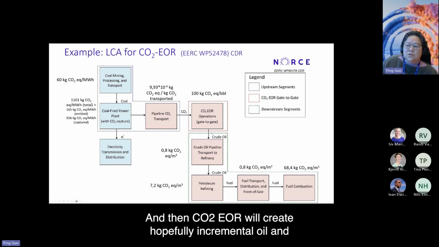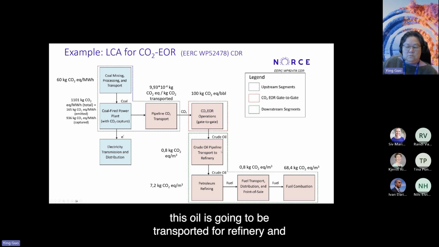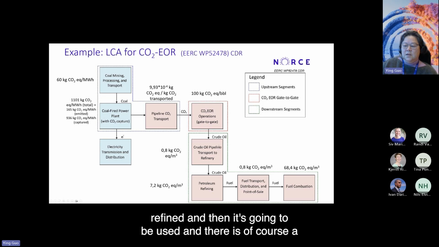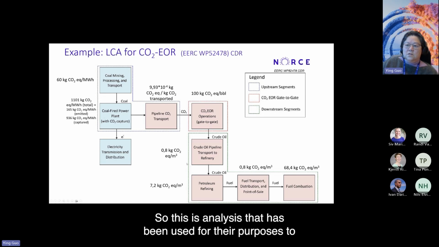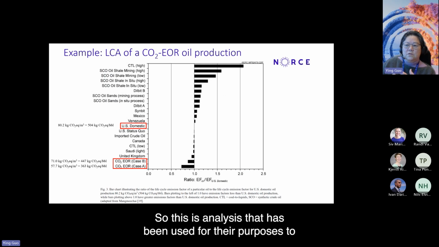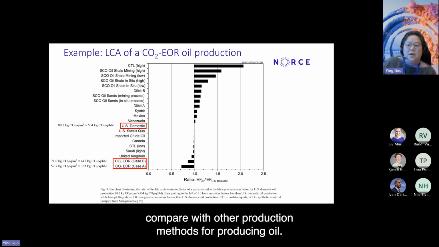And then CO2 EOR will create hopefully incremental oil, and this oil is going to be transported to a refinery and refined, and then it's going to be used, and there is of course a footprint associated with that.